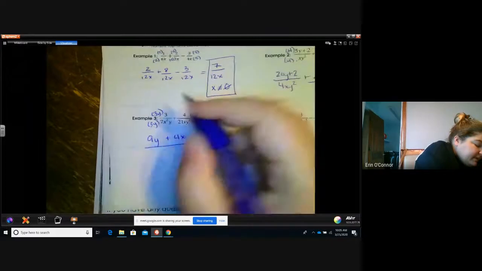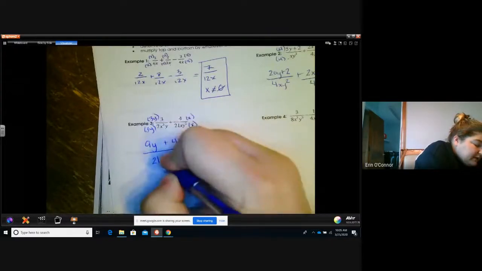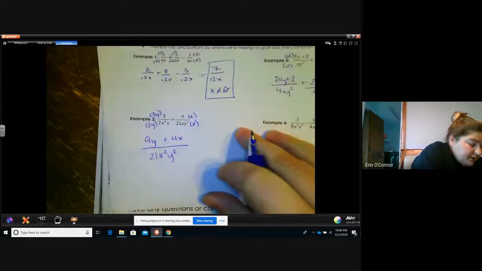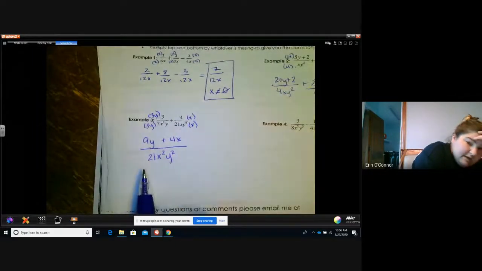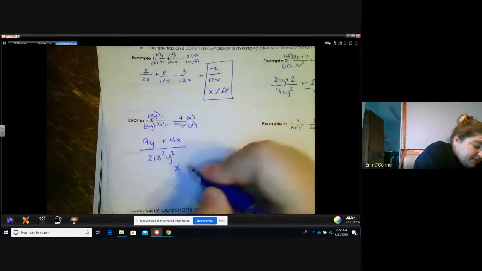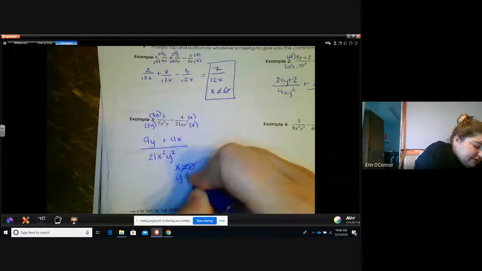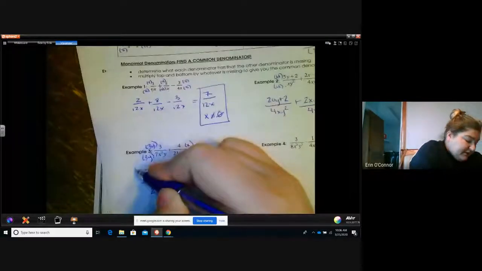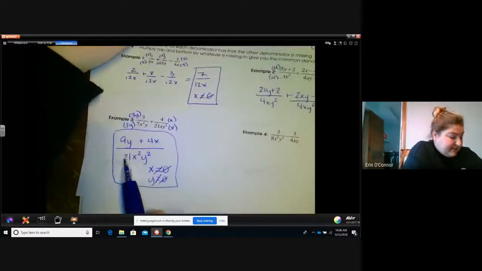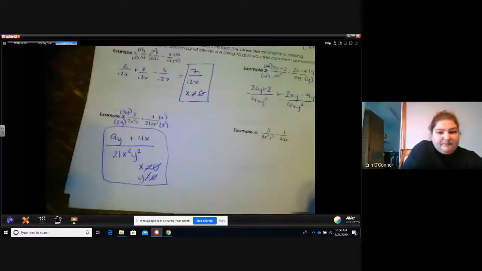And the bottom is 21x squared y squared. And here again, these can't combine, but x cannot equal 0, y cannot equal 0. Those are your restrictions. Because if x is 0, 0 times this is going to be 0. If y is 0, 0 times all this is 0.